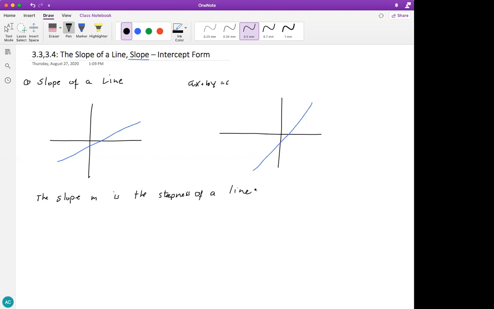It's a quantity, a number that we can measure, and based on that number, even if we don't see the graphs, we can tell which one is steeper than the other.